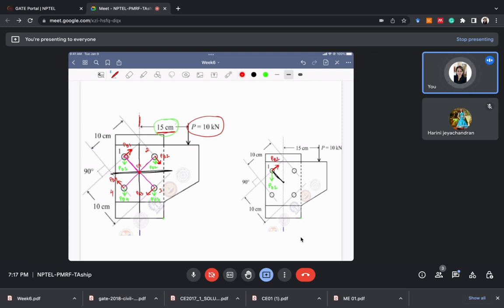I need to find the resultant of PD1 and PB1, because that is what is asked in the question. To calculate the resultant, first I should know the values of PD1 and PB1. So let's see how to calculate them.